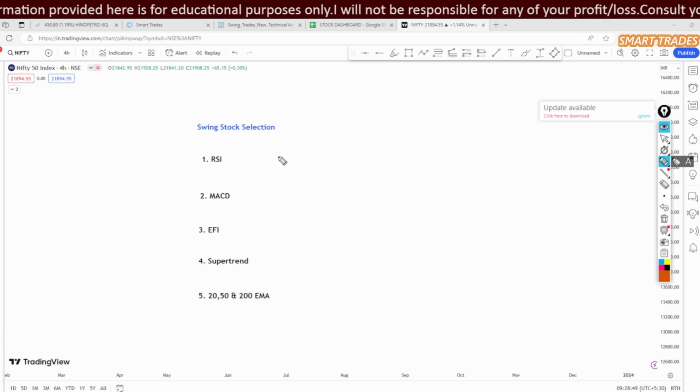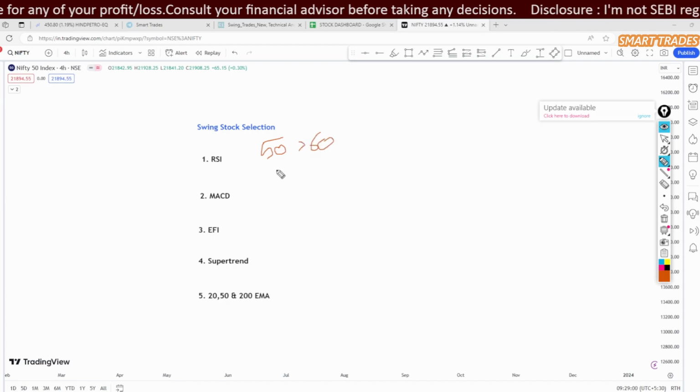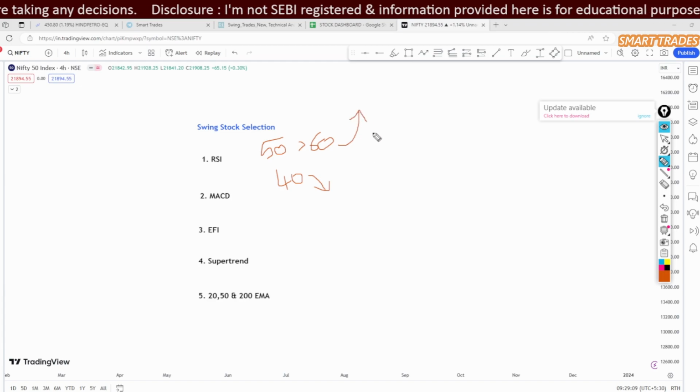If it is below 40, it says the stock is bearish. If it is above 50 or 60, it shows the stock will be bullish. We will be using this indicator to identify the pattern and trend of the stock. So make a note of it.